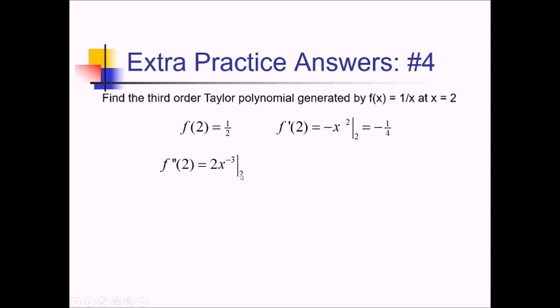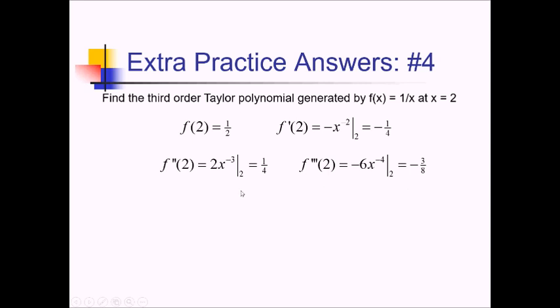And if we evaluate that at 2, well, this is really like having 2 over 2 cubed. That's going to be 2 over 8, which is positive 1/4. And then finally, the third derivative, that'll be negative 6x to the negative 4th, evaluated at 2. This is really negative 6 over 2 to the 4th. That's negative 6 over 16, which is negative 3/8 if we reduce it.